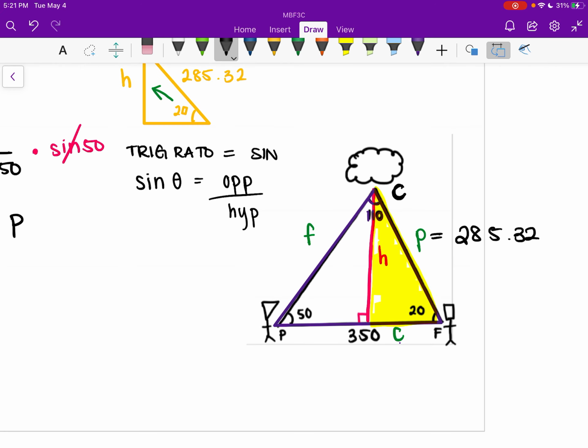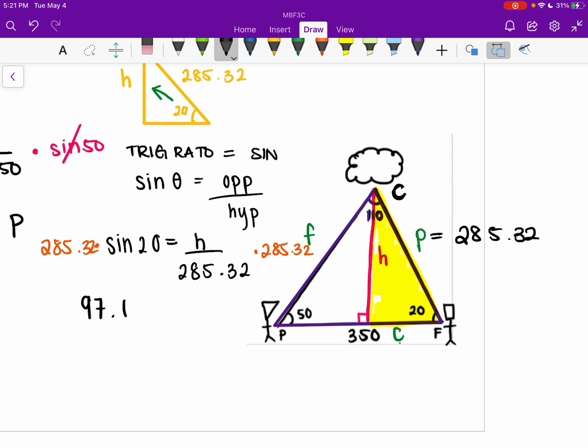I know that my theta is 20, so sine 20 is equal to the opposite, which is the height, over the hypotenuse, which is 285.32, multiplied by 285.32. So I'm just going to do that. 285.32 times sine 20 is going to give me 97.56, so I'm just going to leave it as 97.6 meters is the height.